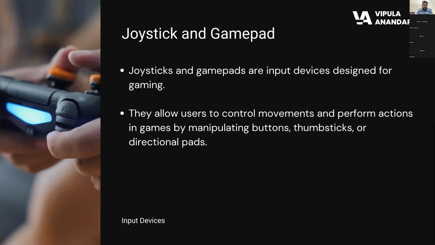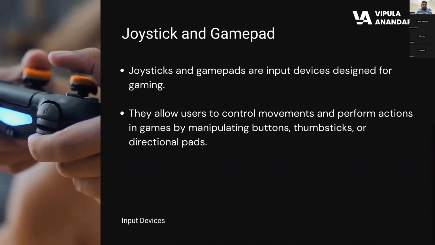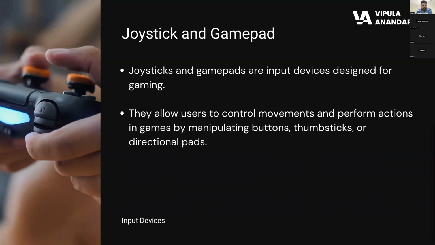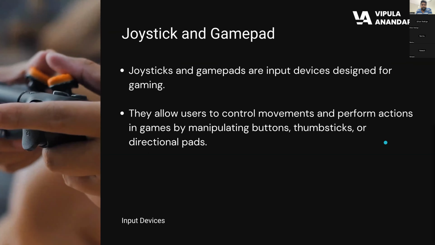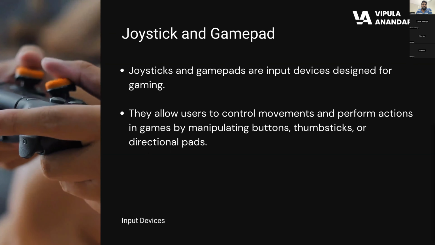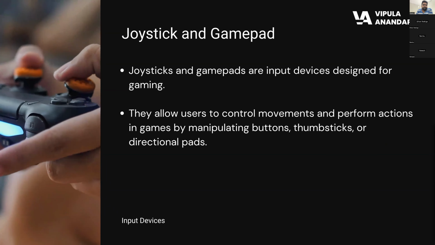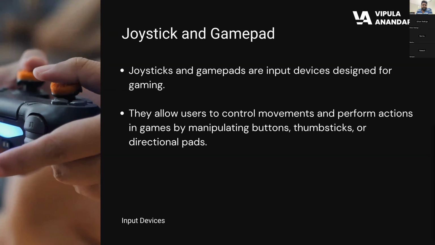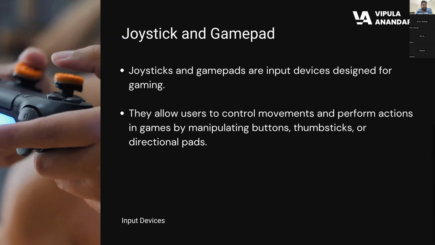Then we have a couple of other things as well. These three items were not there in your course curriculum, but I am going to explain this because just keep in mind, it is important.